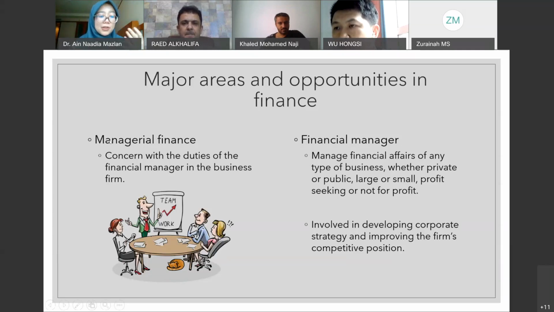But what you're going to be in managerial finance is the support, or the pillars, for your financial manager. Without you, the financial manager cannot make their decisions. So you need to understand what the financial terms mean.